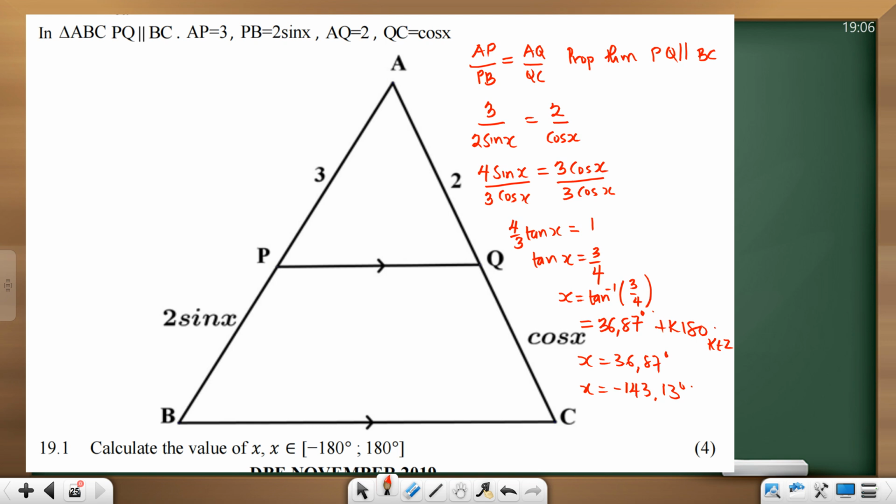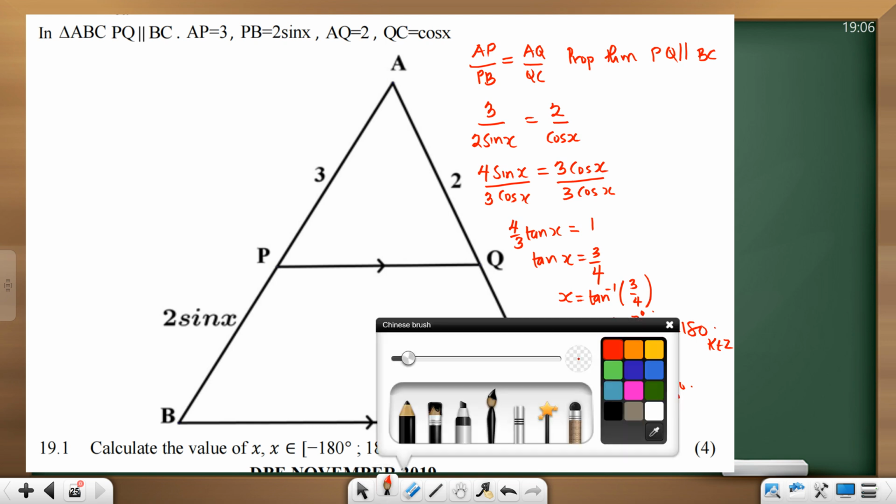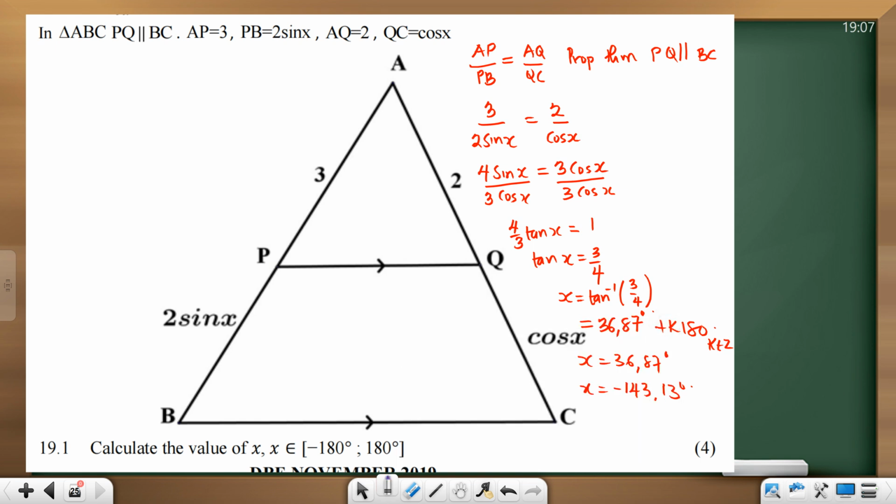So when k is 0, if I put a 0 here, that means you've forgotten your general solutions. If k is 0, my first answer is that. I'll check my domain. Does it exist? Yes. Then I'll make k 1. 180 times 1 plus that will give me 200 and something, which is bigger than my domain, so I'm neglecting that.